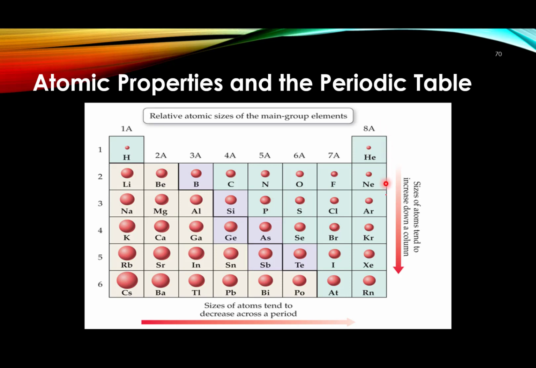Whereas as we go down the group, the atomic size increases. Why? Because the principal energy level, n, increases, which means we get further and further away from the nucleus. That's why the size gets larger and larger.